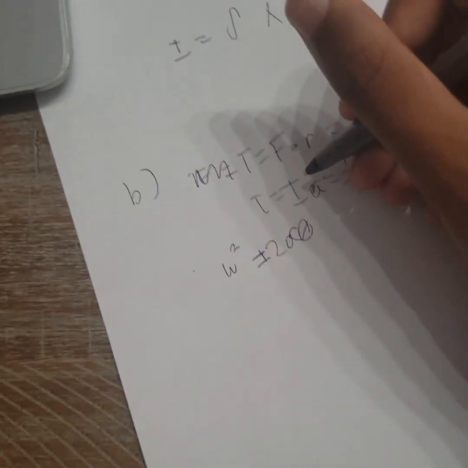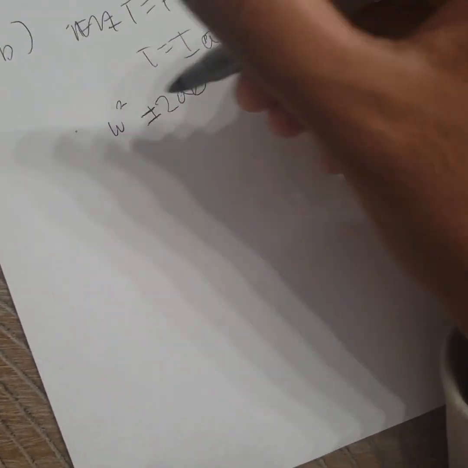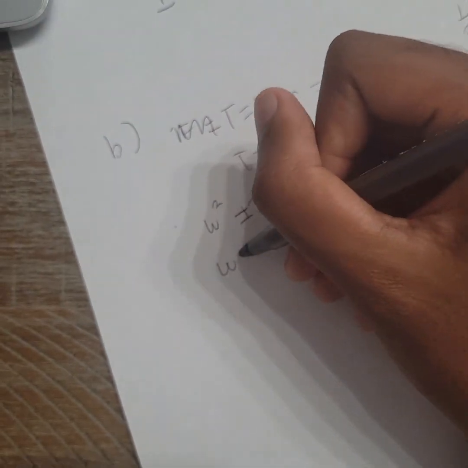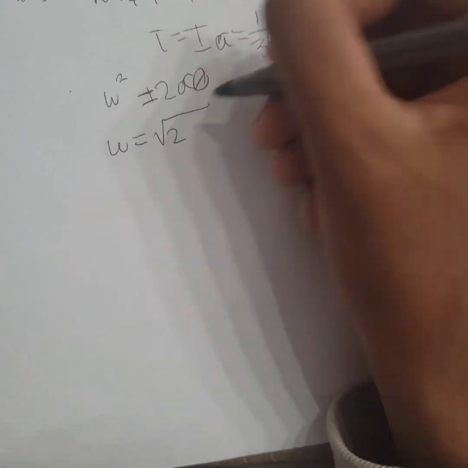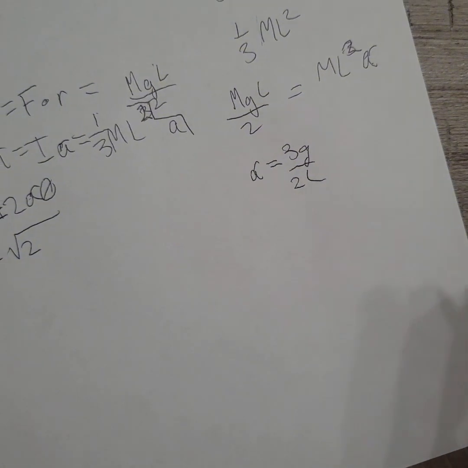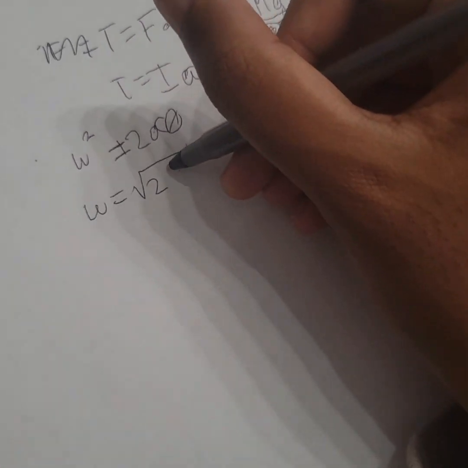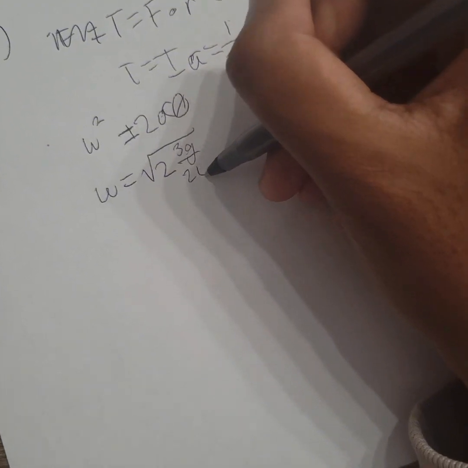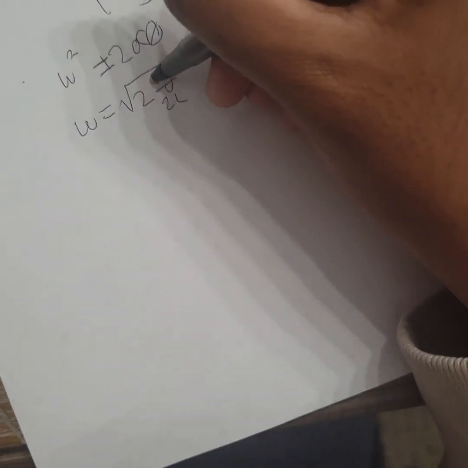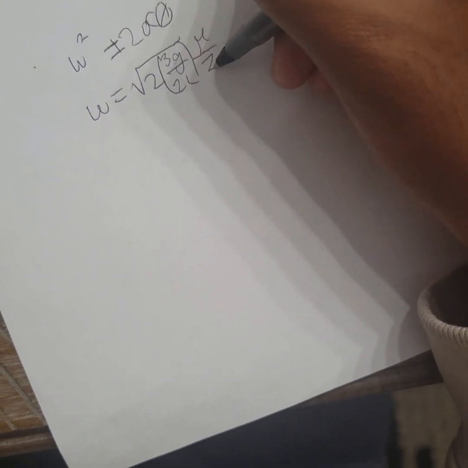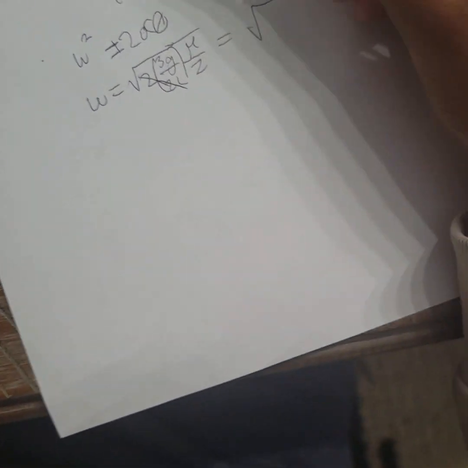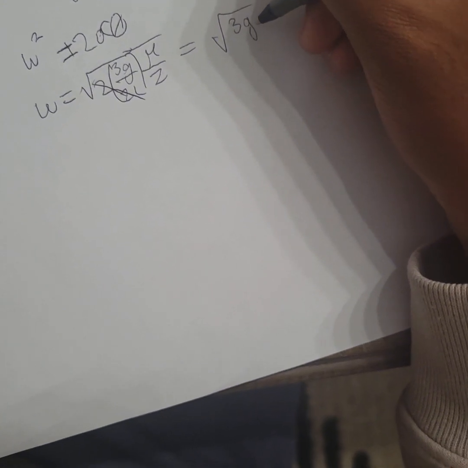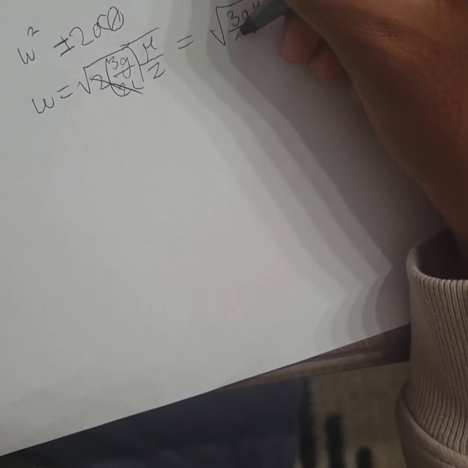So now we can multiply this out, and we get omega equals the square root of 2 times what we got here, which is 3g over 2L, and then finally, we're going to multiply by pi over 2. And now the 2's are going to cancel out, and we're going to be left with 3g pi over 2L.